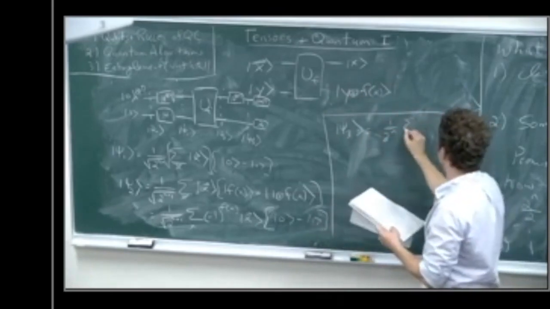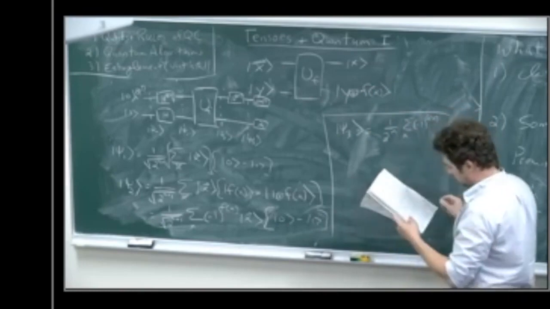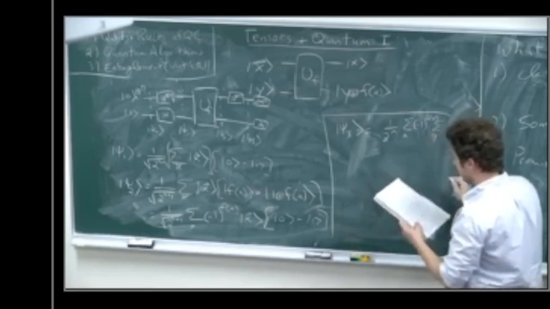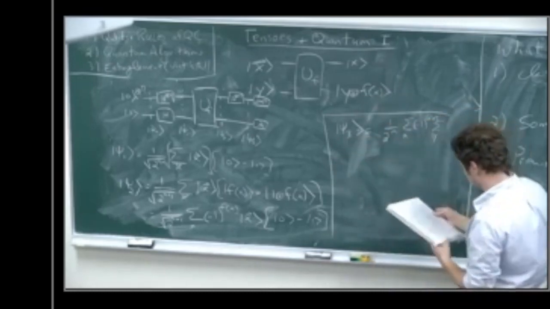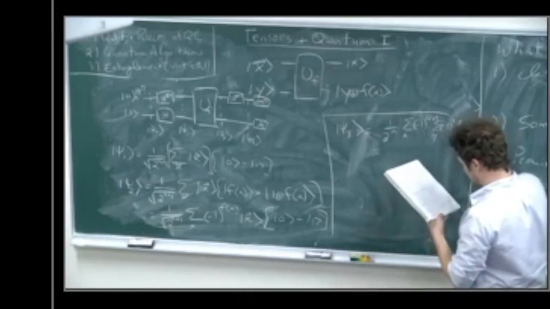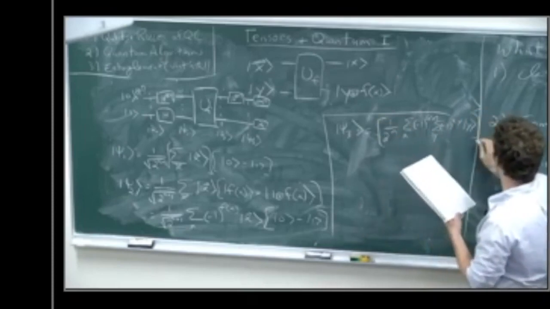Now it's a sum over x of minus 1 to the f of x, times the sum over y, again n-bit vectors, of minus 1 to the x dot y, y, and then you get the minus state here.